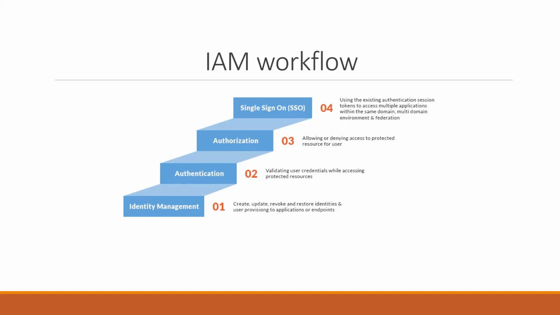The third step, authorization, is allowing or denying access to protected resources for a user. And the final step, single sign-on or SSO, is using the existing authentication session tokens to access multiple applications within the same domain, a multi-domain environment, or a federation.